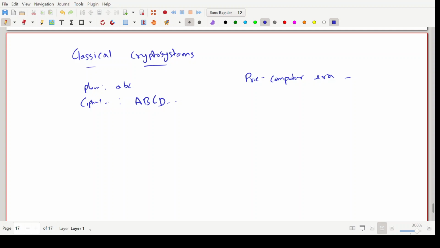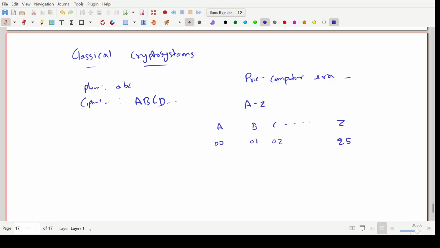This can be done if you take the space as not... suppose I am taking only A to Z, so there are only 26 letters. In the notation which I am using, A, B, C to Z, A I am writing 00, B I am writing 01, 02, and this guy Z is 25.